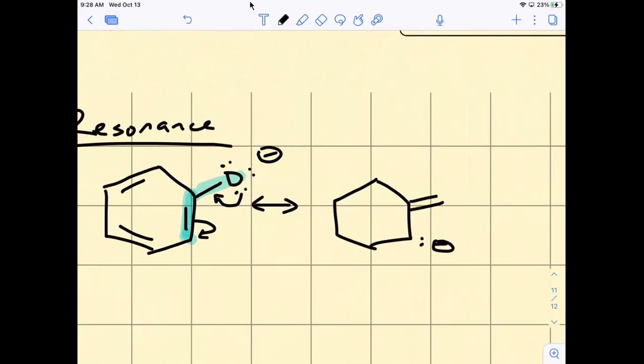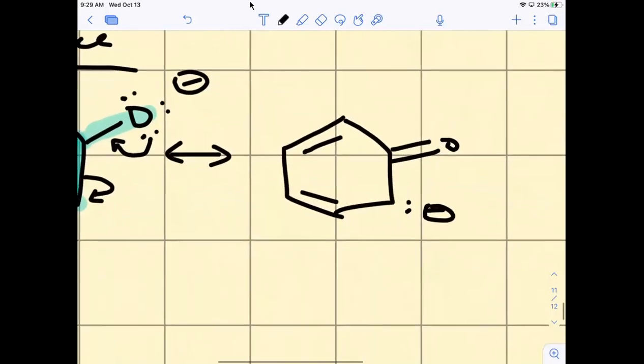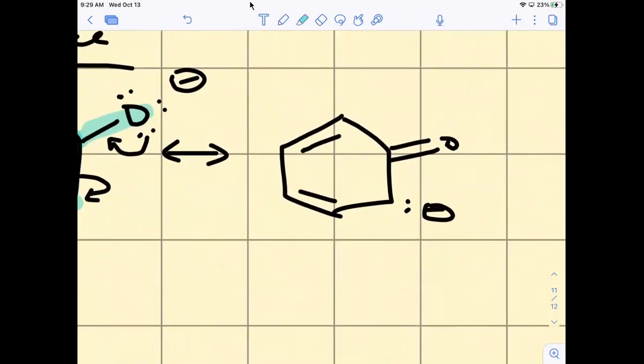Now I have a negative charge there, electrons here, and electrons here. Everybody okay with that? What about here? Do you see that same allylic pattern here? And do resonance again.